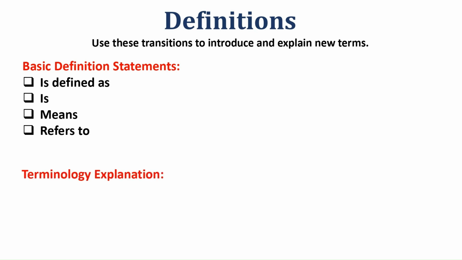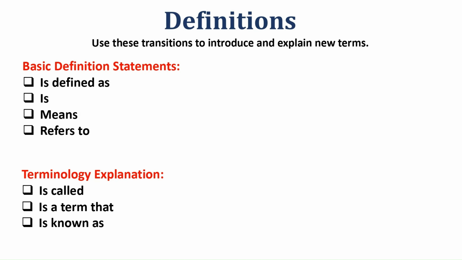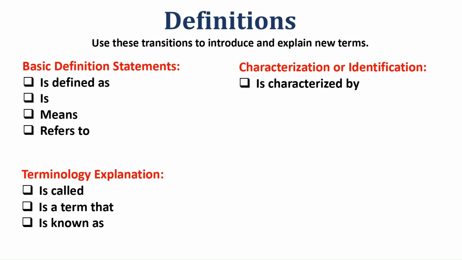Terminology explanation: is called, is a term that, is known as. Characterization or identification: is characterized by, consists of, entails, occurs when, exists when.